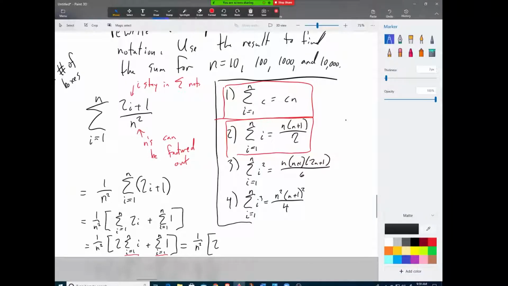And then I replace the summation notation with what it equals.